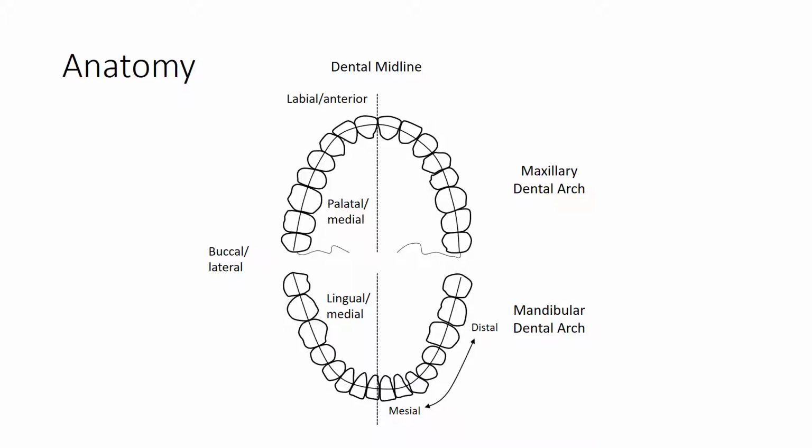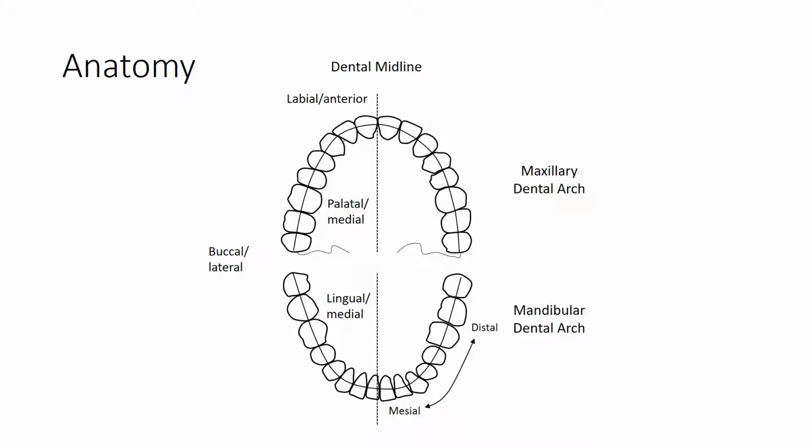The terms used to describe the location of structures within the oral cavity also can be confusing. The terms medial and lateral have the same meaning as in other contexts, towards and away from the midline. The term mesial, however, as opposed to medial, also means towards the midline, but is restricted to locations on the dental arch.